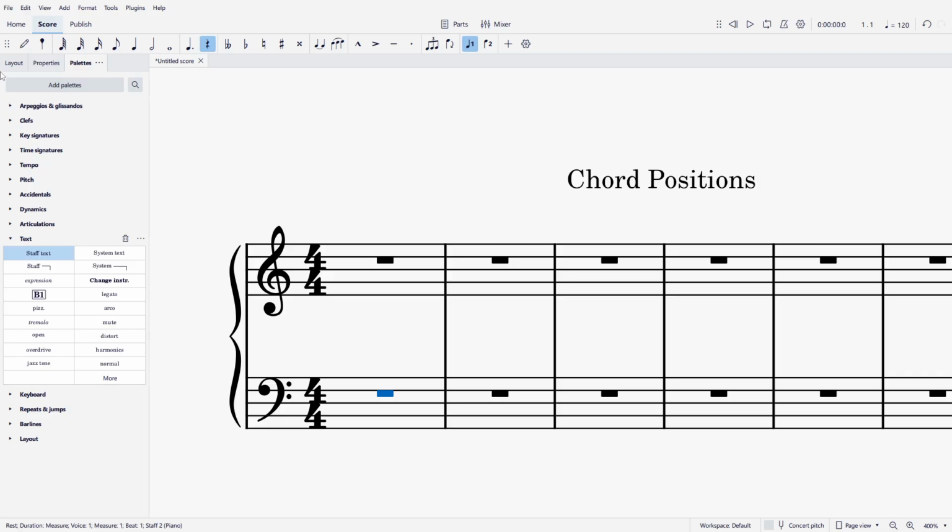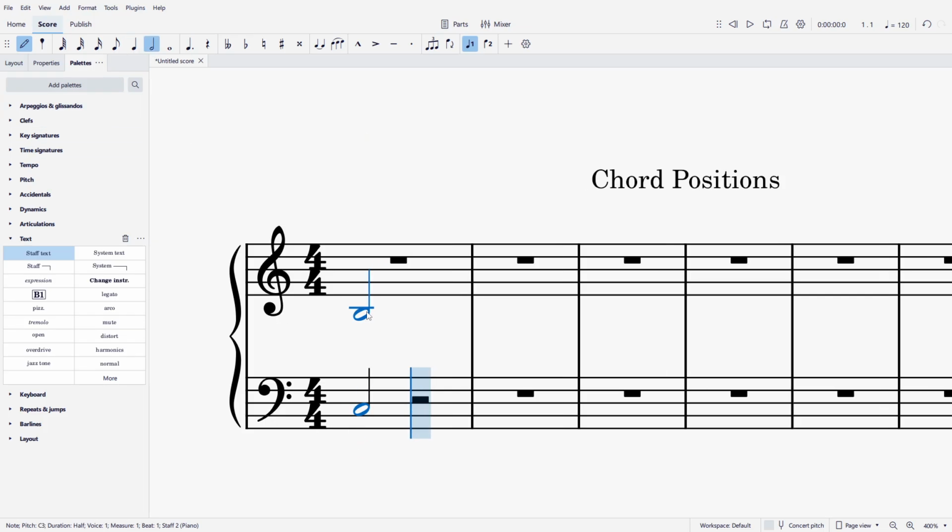Second topic is the soprano position. What I mean by that, I can write a major chord. Let's do this. So in here we have the tonic in the soprano. That means the tonic is leading the melody. The tonic is the most apparent in the melody. So the soprano is in tonic position.